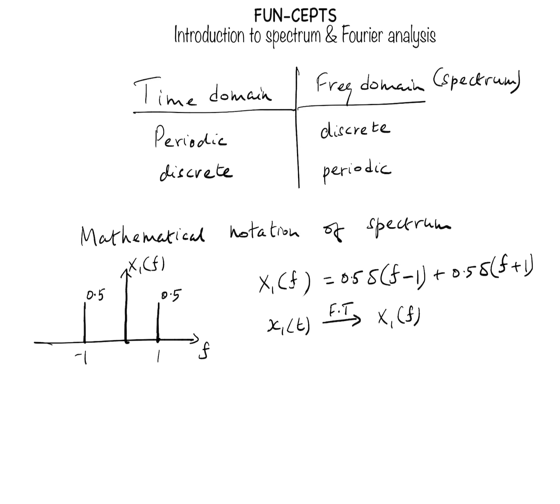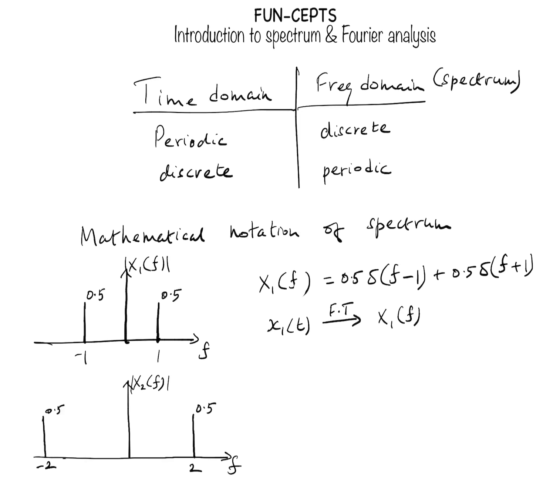Okay, similarly, if we had to do it for x2 and plot its spectrum, with frequency on the x-axis and magnitude of x2 of f on the y-axis, it had a component at 2 Hz and a component at minus 2 Hz. So that's minus 2 and 2, and both had a magnitude of 0.5 and 0.5.